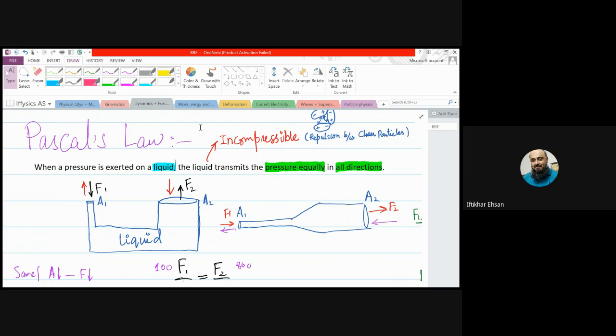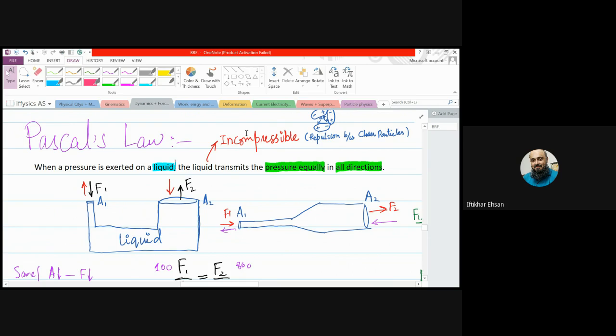So you do not get hurt by striking the ground if there is a foam between you and the floor, because the foam is compressed and absorbs the pressure. But liquids are incompressible. Technically, they have negligible compression. So we say they are incompressible.